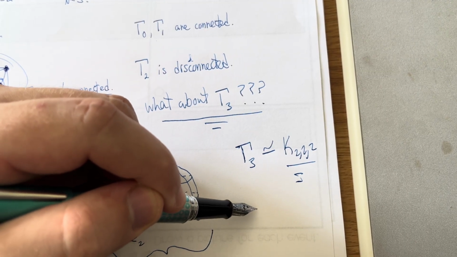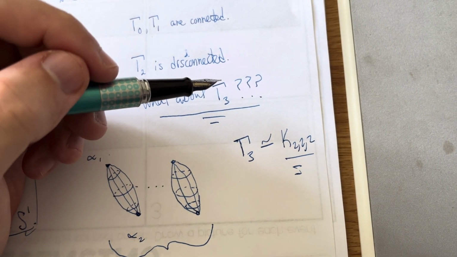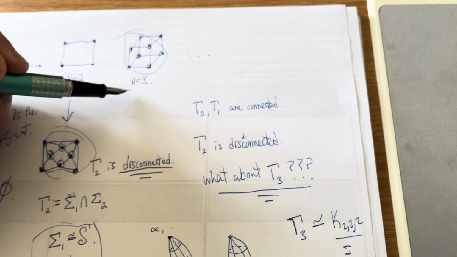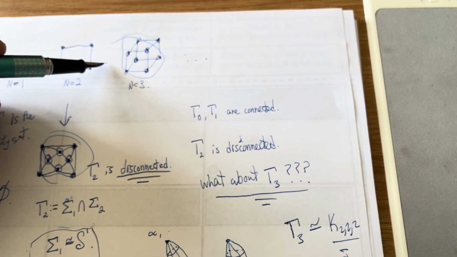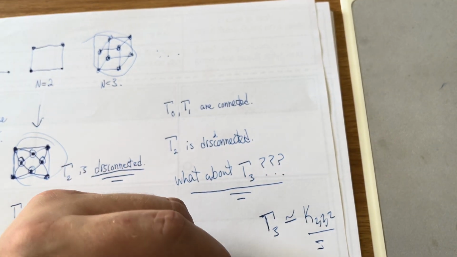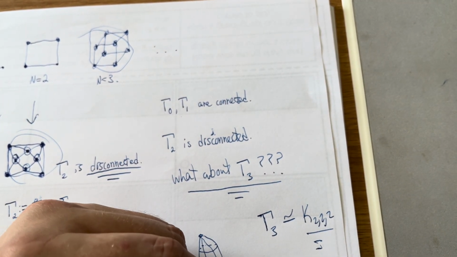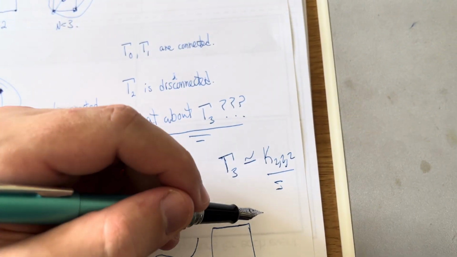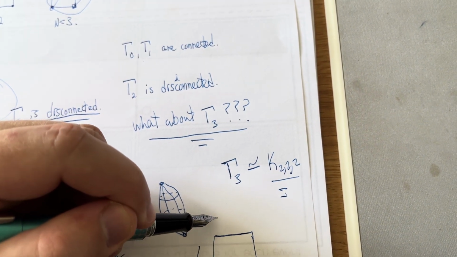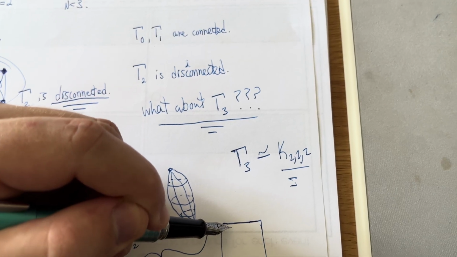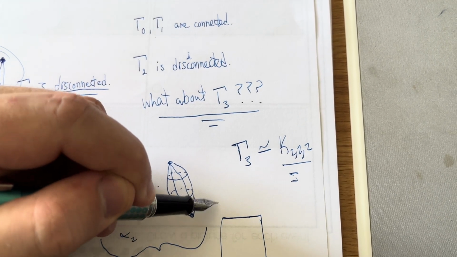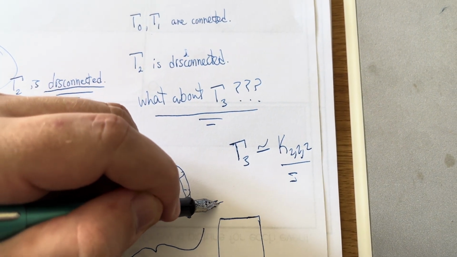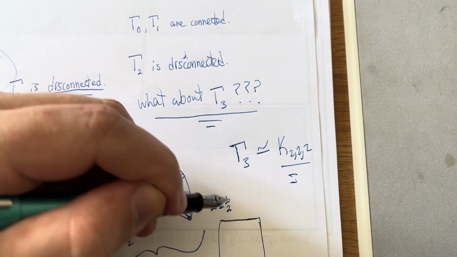So if you cut via, say you have coordinate planes, you cut via 1 coordinate plane, 2 coordinate planes, and then the third, so x, y, z. You get these 3 that you have to stitch together to form the complete K222. So they're going to be the same. So say this is the coordinate z equals 1/2.